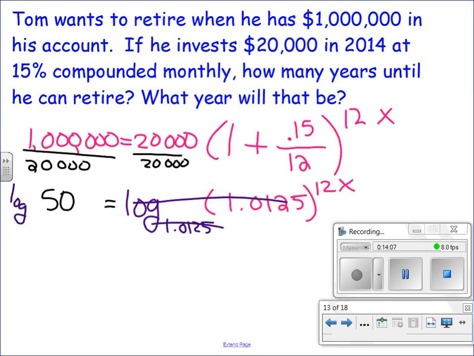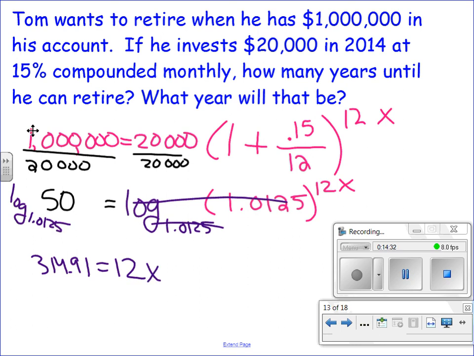So I'm doing a log with a base of 1.0125. So math up in your calculator to get the button. 1.0125 and a 50 in the big spot. That gives me 314.91. And then all I have to do is divide by 12.